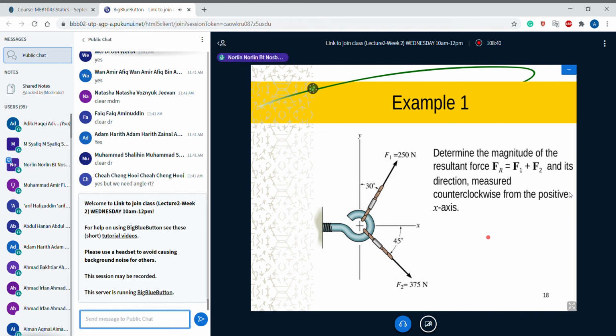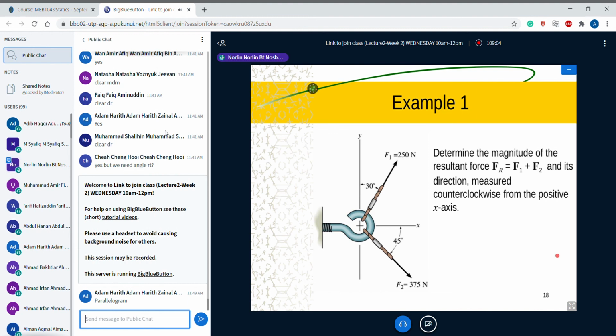Okay, how do you want to draw it? First, you need to draw back. This one X, and X and Y, right? So you draw back the force.